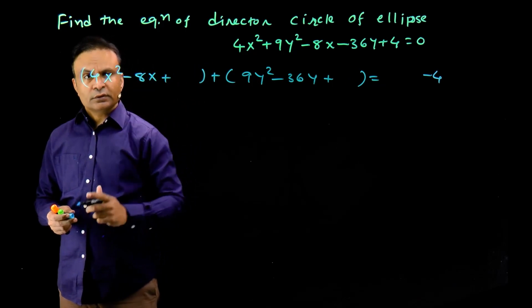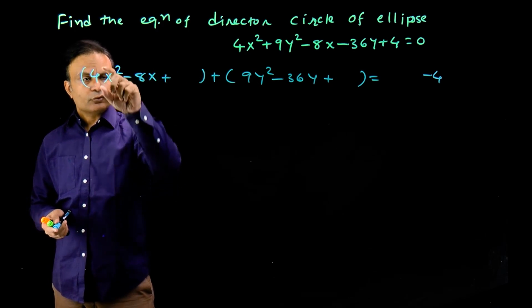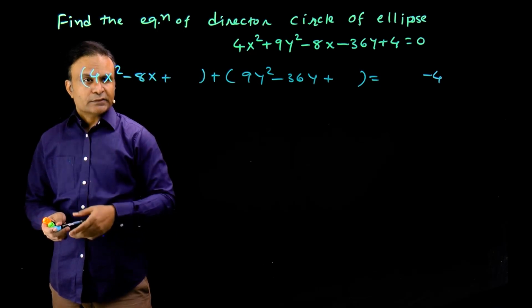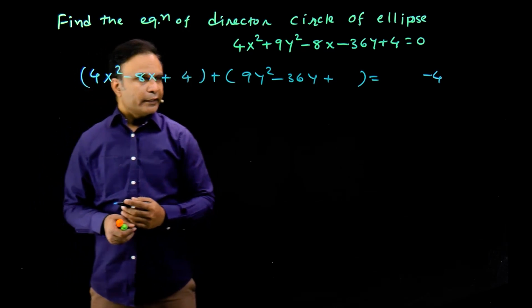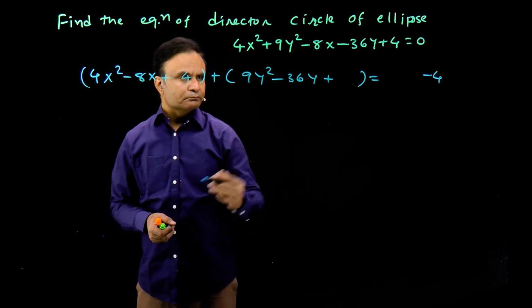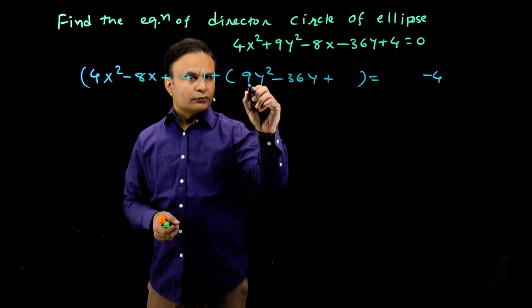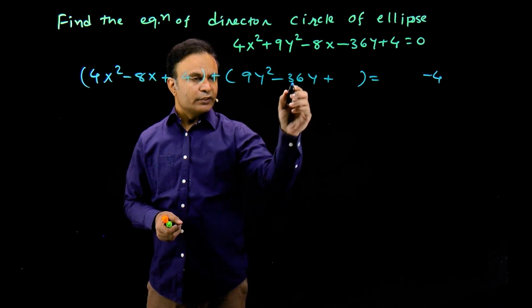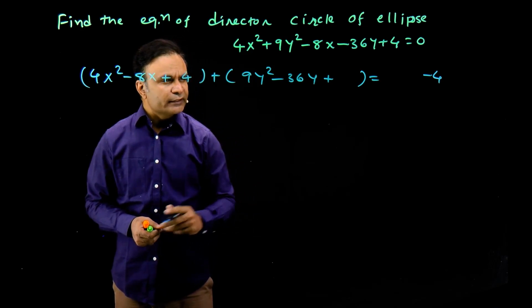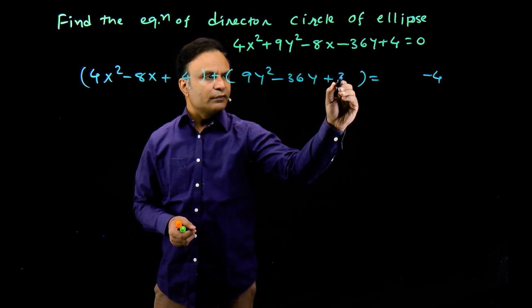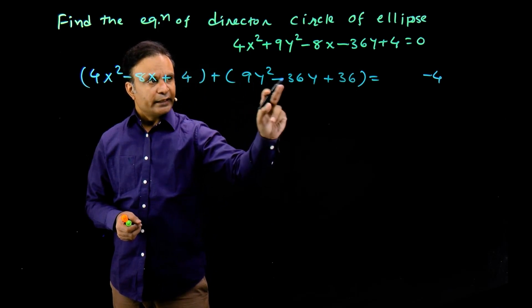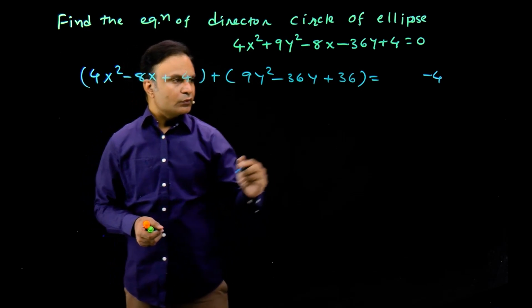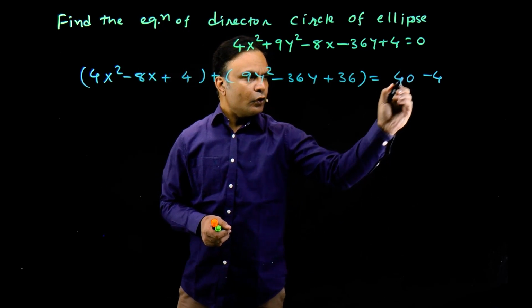I have put some space here. The reason is I want to make a perfect square. So here I must have 4, and here we have 3 square, which is 9. So here we have 3 multiplied by 2, 6. 6 is left. So we must have here 36. That means I am adding actually 4 and 36. That is 40. So I should add 40 on RHS.